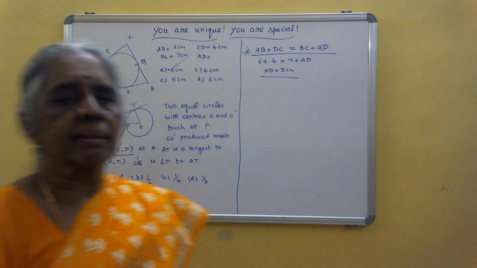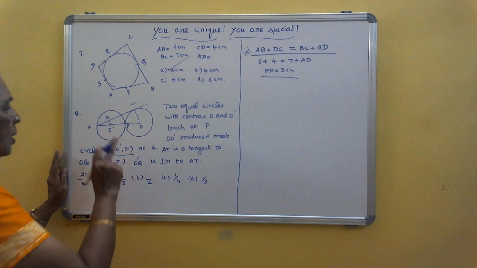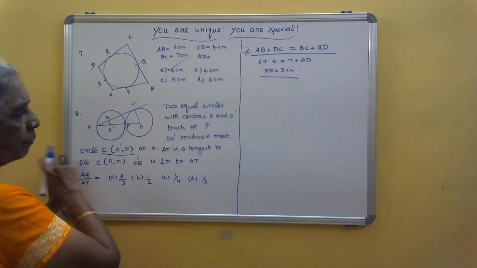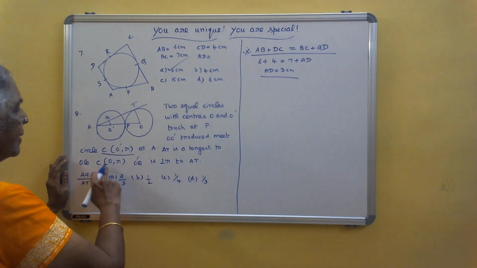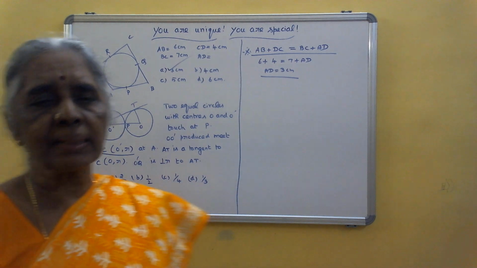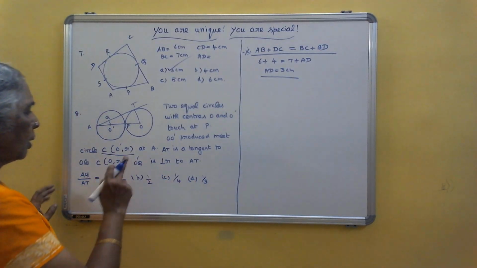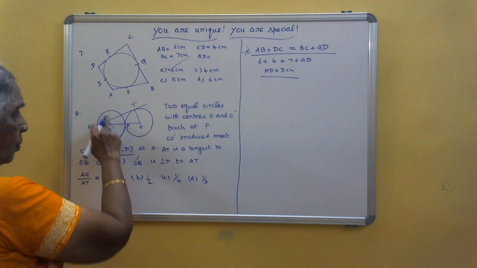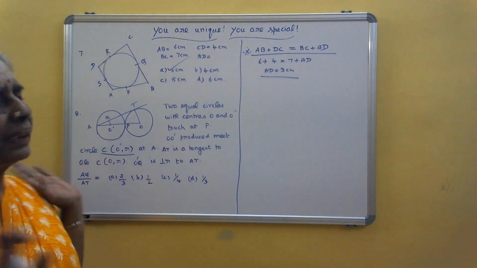Instead of writing circle with center and radius, you can say it like this. It meets the circle at A. AT is a tangent to the circle. Since they are equal circles, their radii are equal. Now, this line O dash Q is perpendicular to AT. All these things are given.